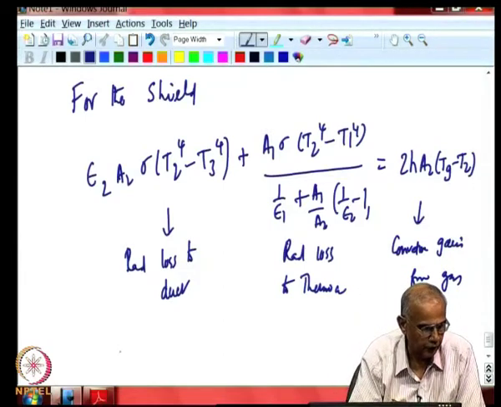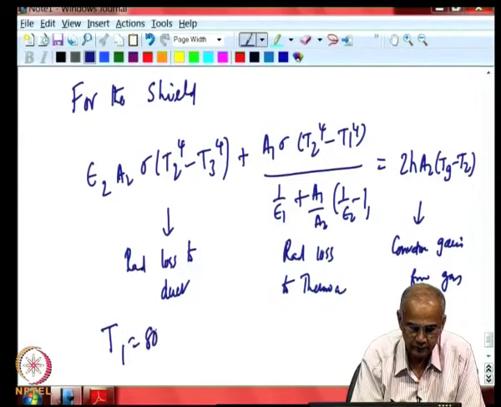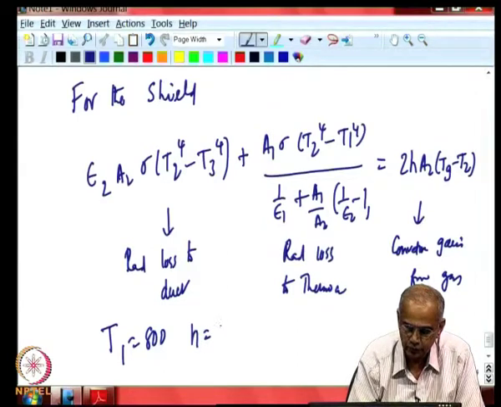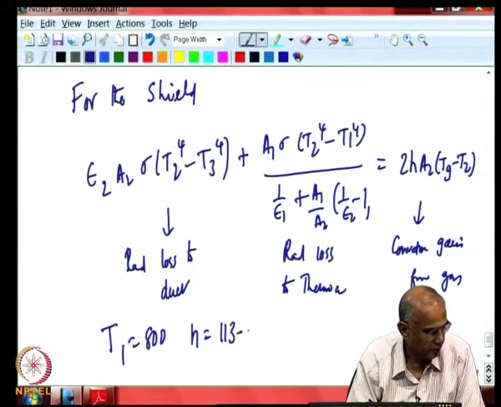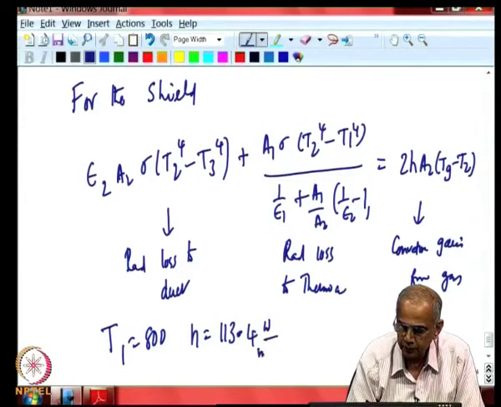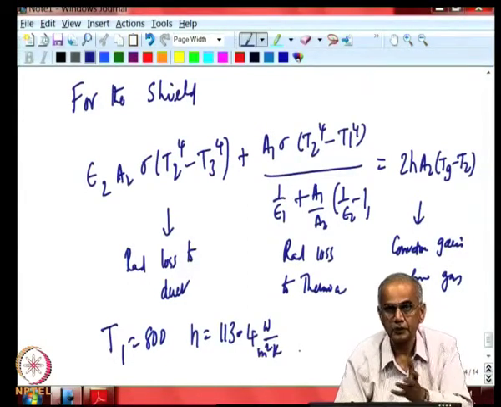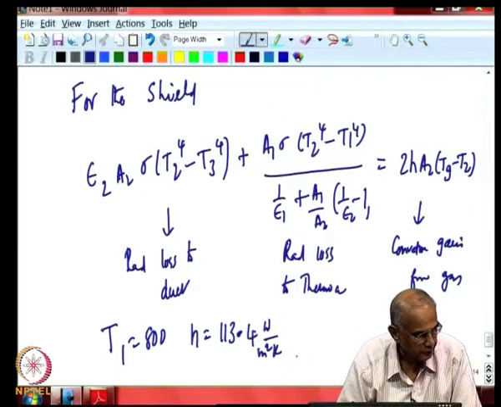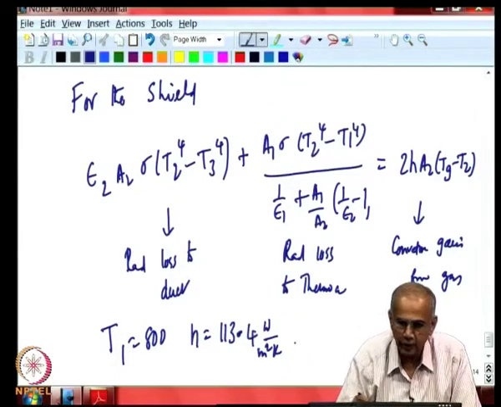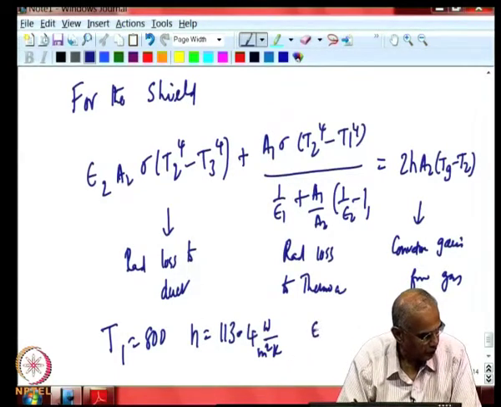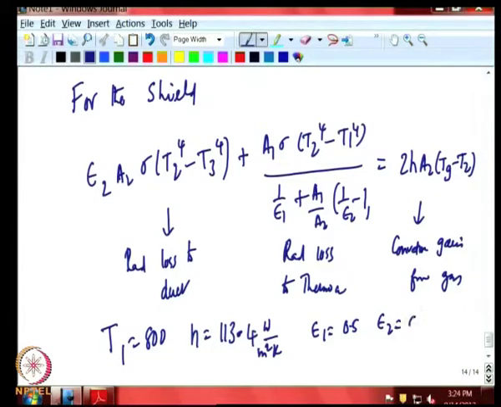So, we solve for it, you will find that if T of the thermocouple is 800, gas heat transfer coefficient is 113.4 watts per meter square Kelvin. This is typical value for high speed flow in a duct. Then, and we already assumed epsilon of the thermocouple is 0.5, epsilon of the shield is 0.4.